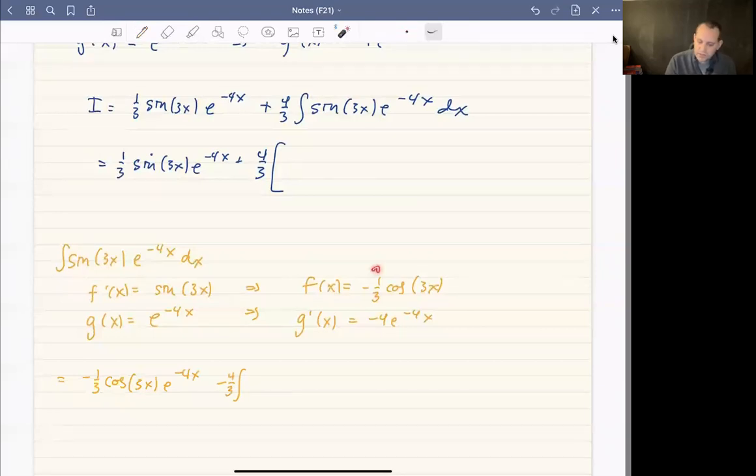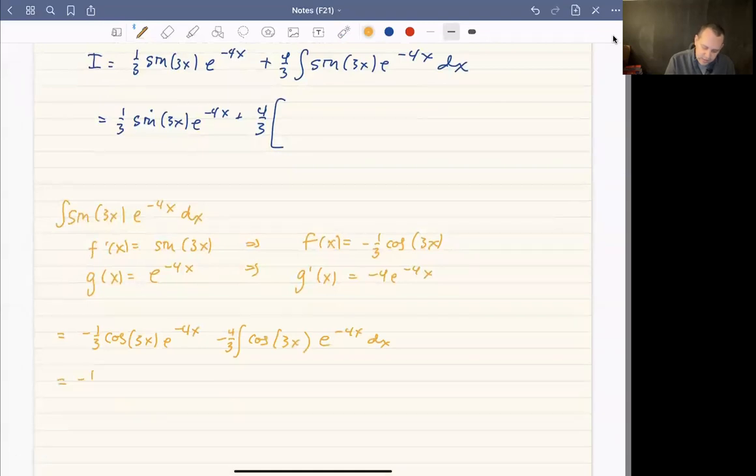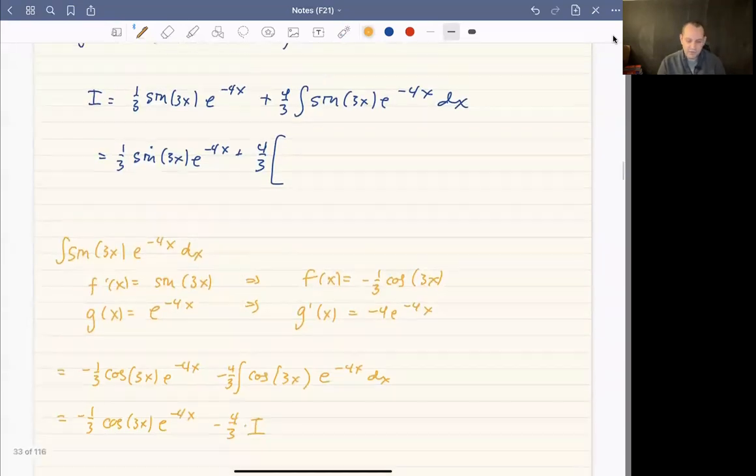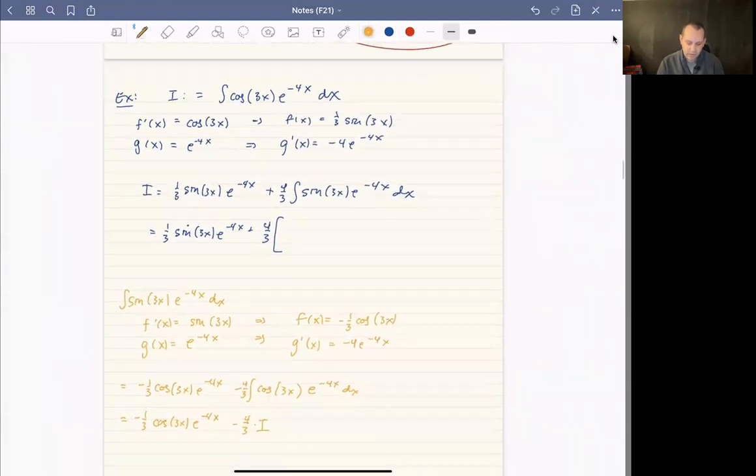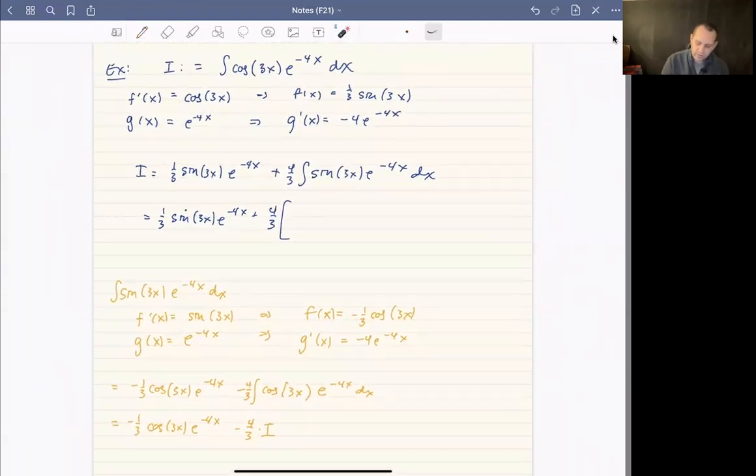These two multiply to give you positive 4/3, but we're still subtracting it. So -4/3 cosine of 3x e to the -4x dx. And that's -1/3 cosine of 3x e to the -4x minus 4/3 times I, where I was the integral that we were evaluating at the very beginning, right? This integral of cosine of 3x e to the -4x is the integral that we started with.